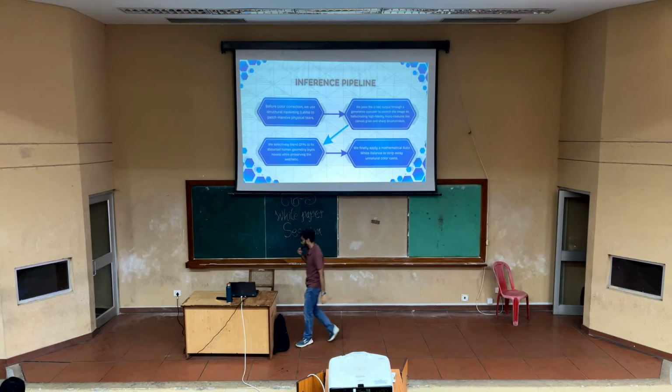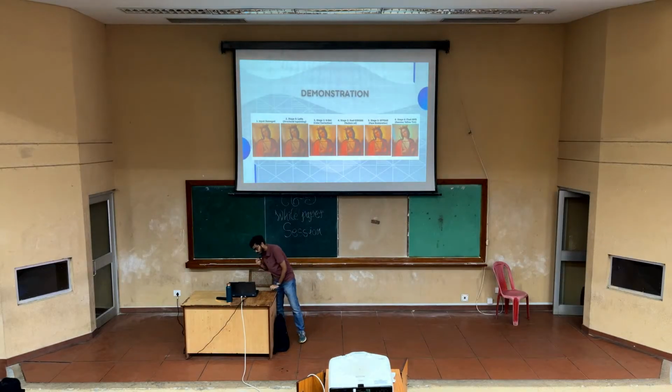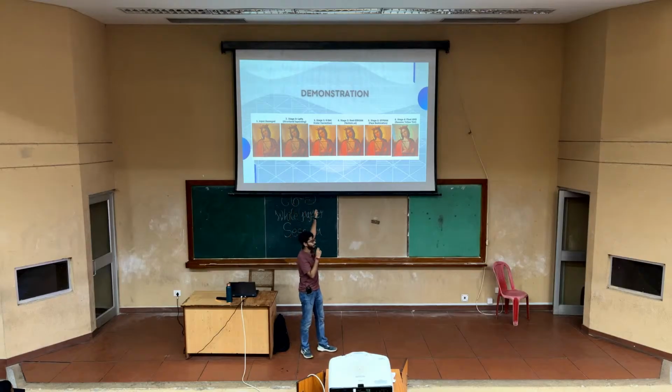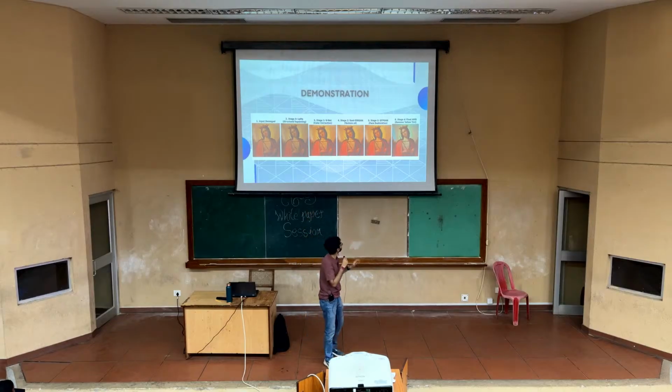Let's have a look at that. Yeah, so first we get our input damaged image, then we pass it through LaMa which fills in all the cracks and edges. Then we pass it through a U-Net model which restores all the color. Then Real-ESRGAN upscales the texture. Then GFPGAN restores the face. And finally by averaging out all the values, we get a final result.